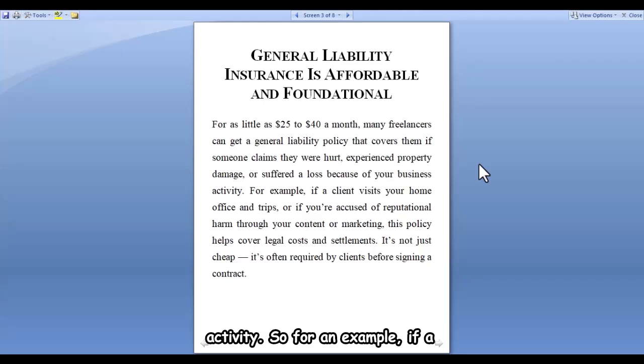For example, if a client visits your home office and trips, or if you are accused of reputational harm through your content or marketing, this policy helps cover legal costs and settlements. It's not just cheap, it's often required by clients before signing a contract. So now let's go to the next one.